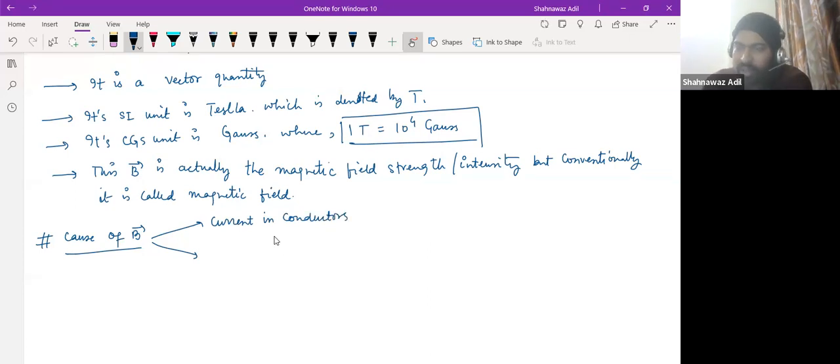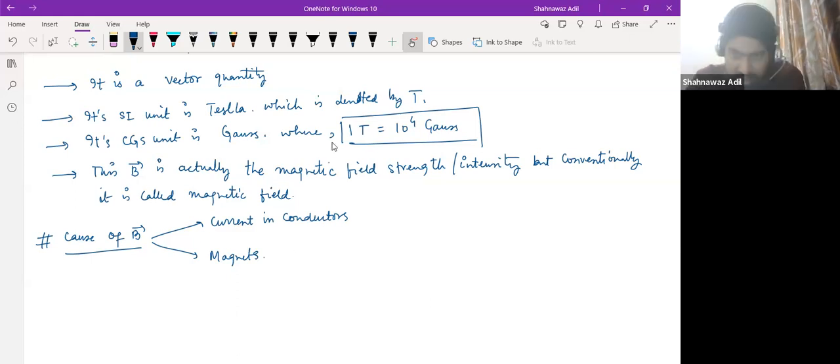This is one cause, and then you have magnets also. The polarity of those magnetic materials also causes this magnetic field, so they also carry these magnetic fields. So these are the two main causes of the magnetic fields.